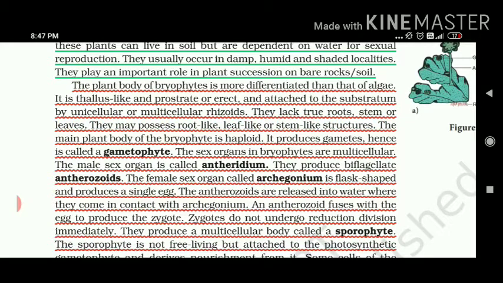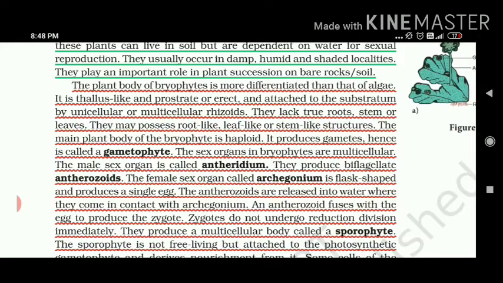So if there is no reductional division, zygote is 2N, and the next plant body structure will also be 2N. We will not call it gametophyte. We will call it sporophyte structure. So sporophyte is the second plant body of the bryophytes, which is always diploid in case of bryophytes.